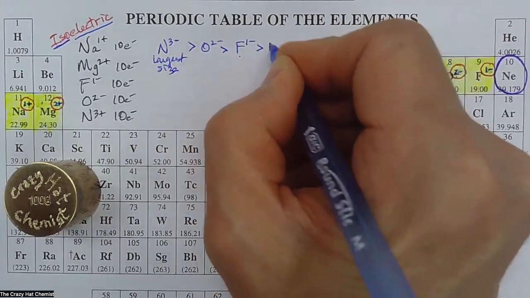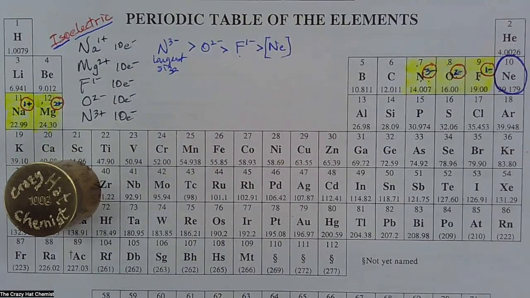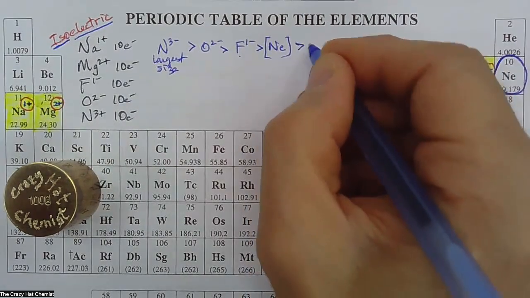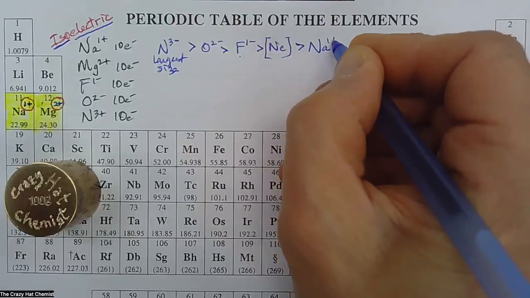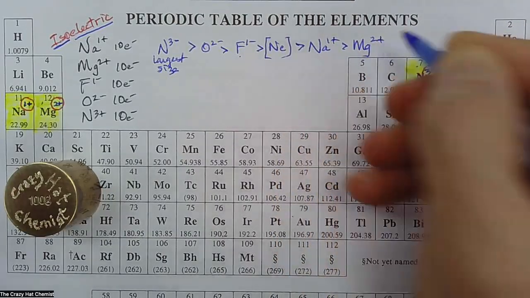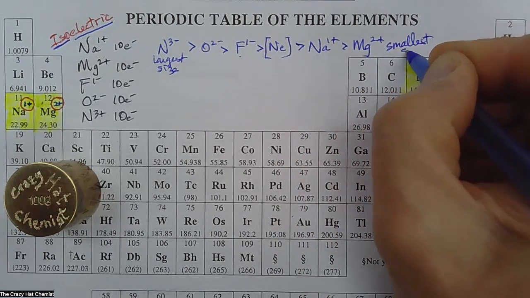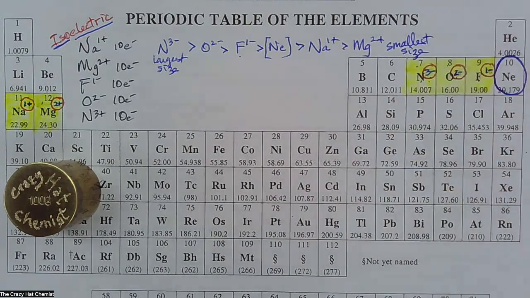And I'm going to write neon here, even though it doesn't have it on this problem. I'm going to write neon just as a kind of rough comparison, because it has a 1-to-1 ratio of the protons and the electrons. And then we have the sodium ion, and then the magnesium ion. Okay, smallest in size. Fantastic. All right, so now we've got size.